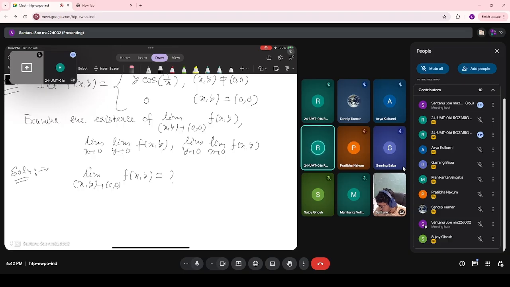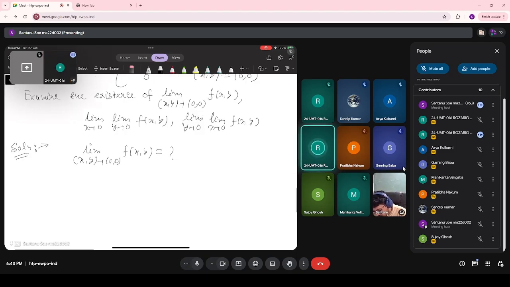Yes, that is correct, that's the correct approach. Then we should relate it and say it is greater than or equal to something. Yeah, that's true.